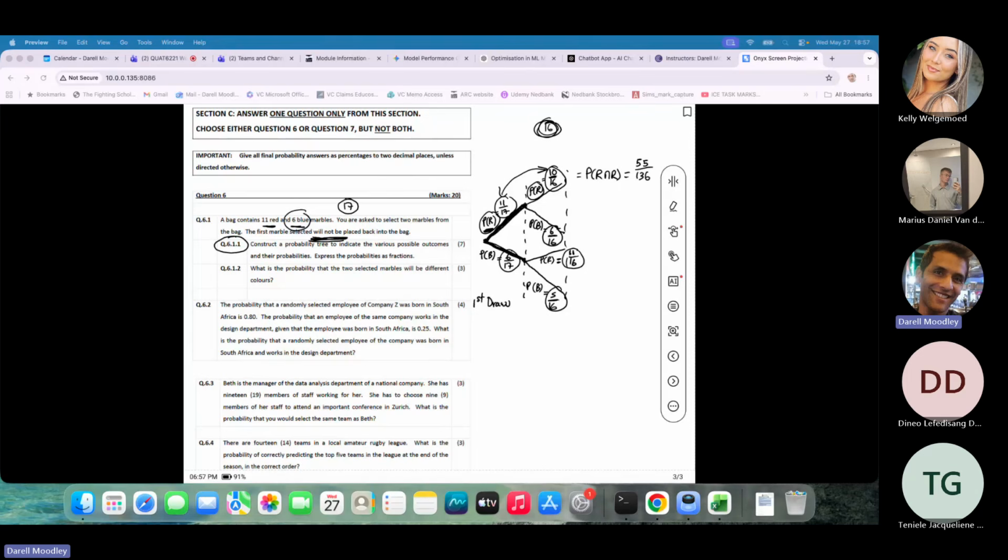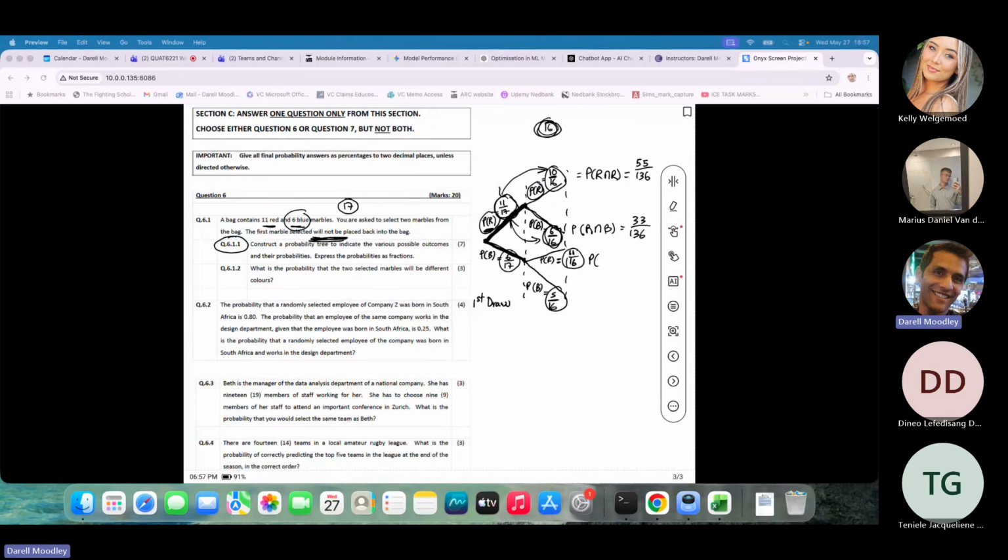And here we're going to follow this path. So it's this times this. So this is a probability of a red marble and a blue marble in the second row, which is 33 over 136. And we do the same thing for the other parts.